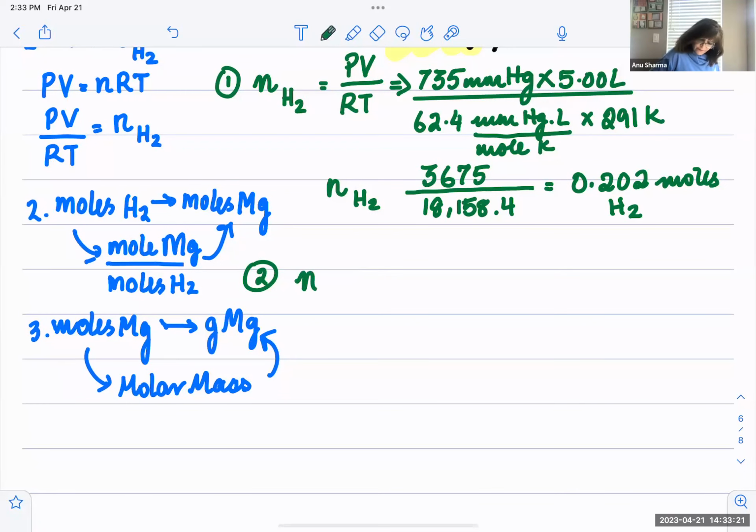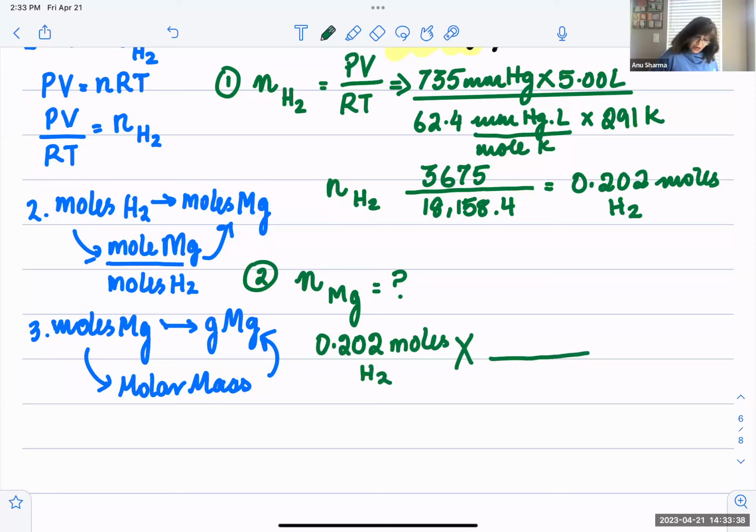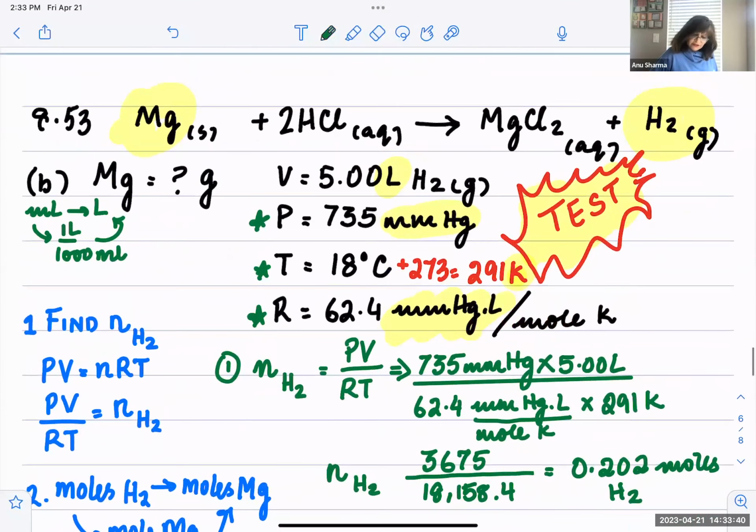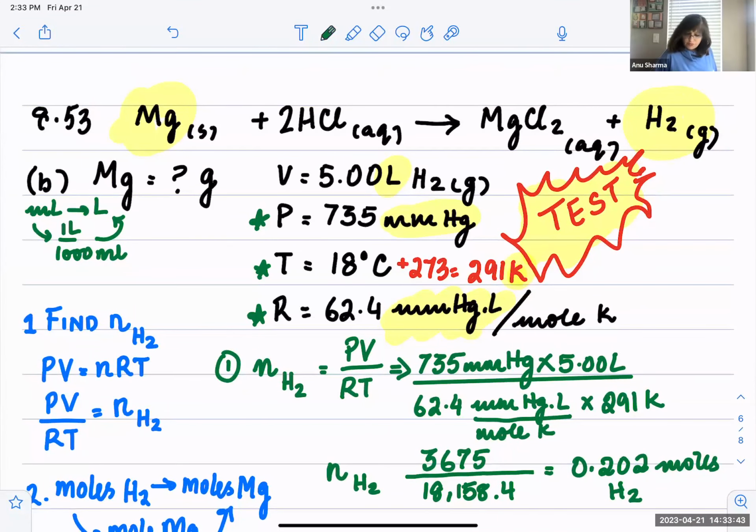Moles of N, that's the moles of magnesium. So how would you do that? We have the moles of hydrogen, 0.202 moles of hydrogen. I'm going to still set it up for you, times the mole-to-mole ratio. So how many moles of magnesium are reacting to produce how many moles of hydrogen? It's 1 to 1.